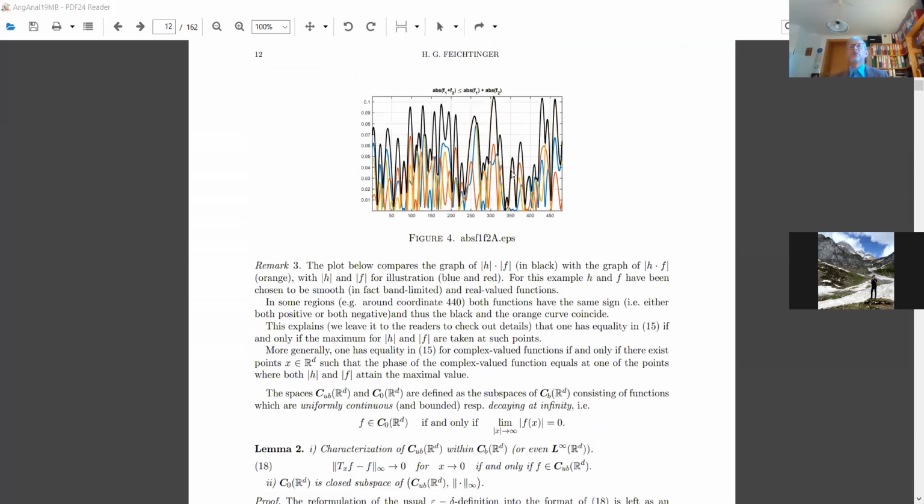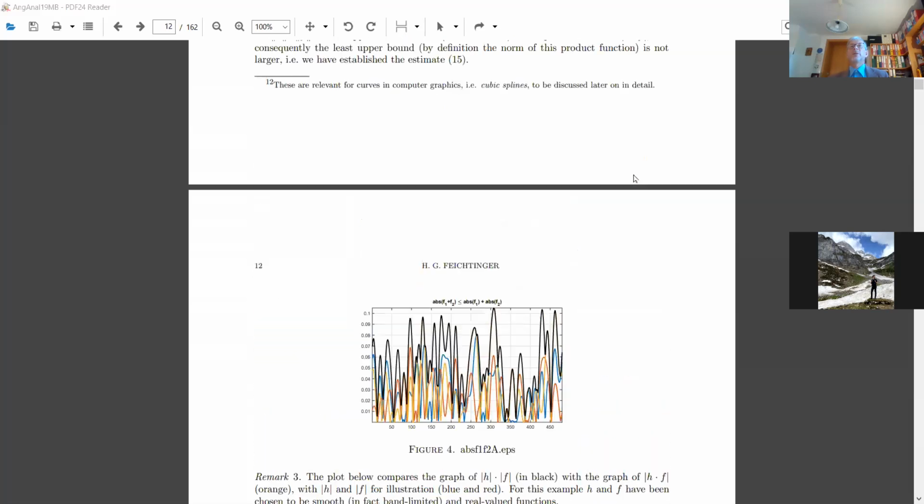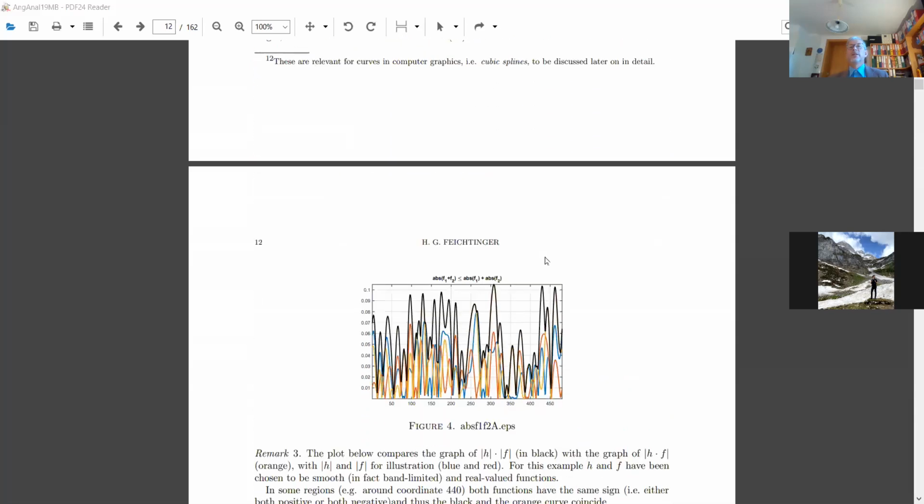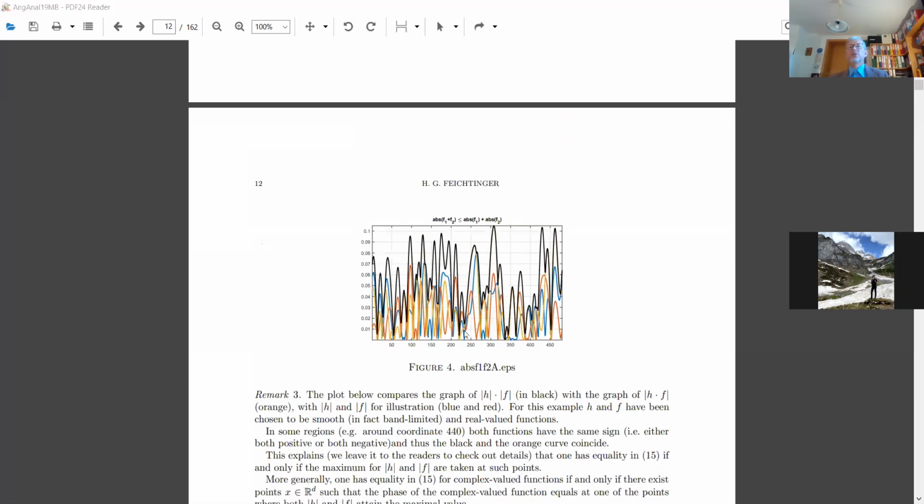Now I've tried to illustrate this again, just a very harmless thing, because in the estimate above we estimate only absolute values. I'm saying, well, we have two functions, you don't have to look at too many details. We can either take the absolute values and multiply the absolute values, which gives you the black curve, or you can take the original functions, which are positive or negative.